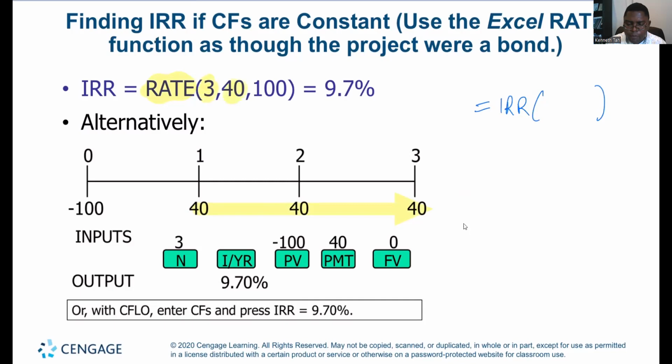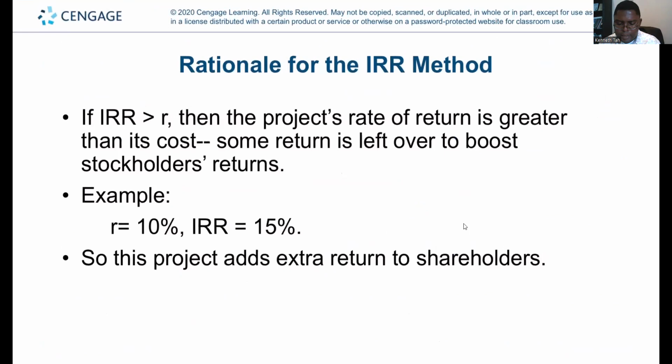And then we take the 40 and we take this initial investment, which is 100, and that is going to give us an internal rate of return of 9.7. So that is using the function rate. So we can either use the function internal rate of return, or we use the function equal rate in Excel. But the internal rate of return function in Excel makes it really easy.